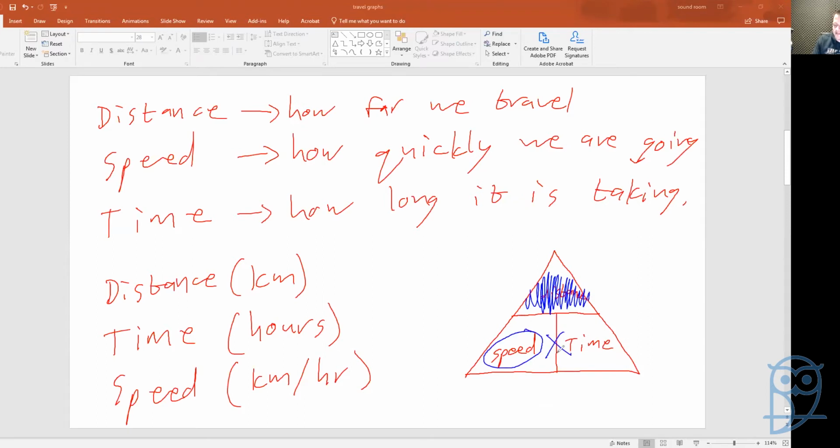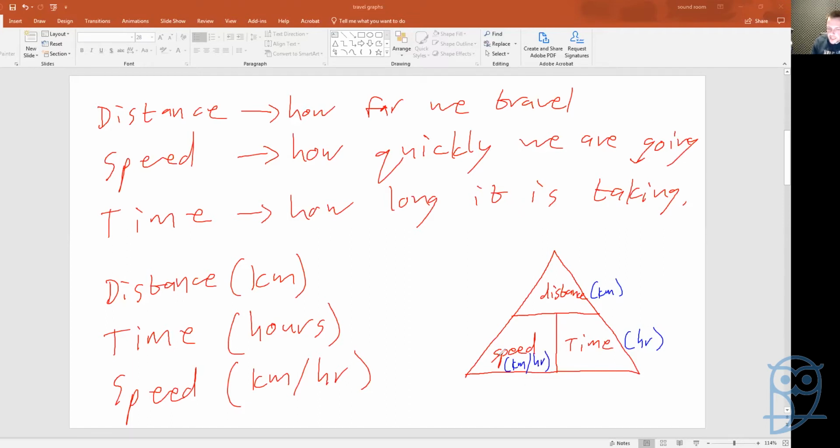So it's speed times time. So those are the three options you have. And that should make sense because of the units that we are working in. Because distance is kilometers, time is hours, and speed is kilometers per hour.